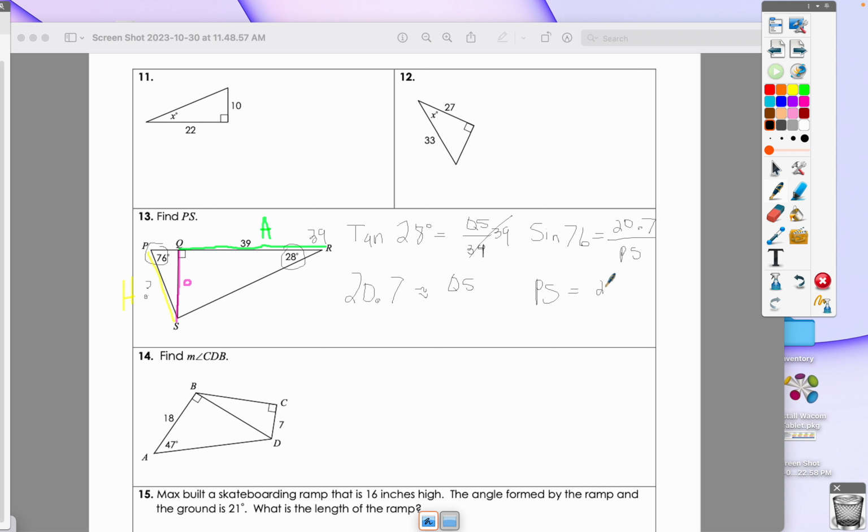You're going to take 20.7 and divide by the sine of 76. Now remember, not just 76, sine 76. This is really important. So 20.7 divided by the sine of 76, and you get about 21.3. So there's your final answer, everybody. 21.3.